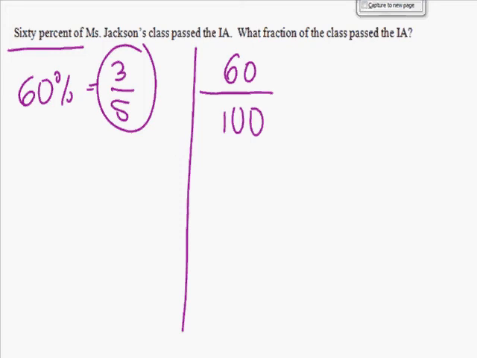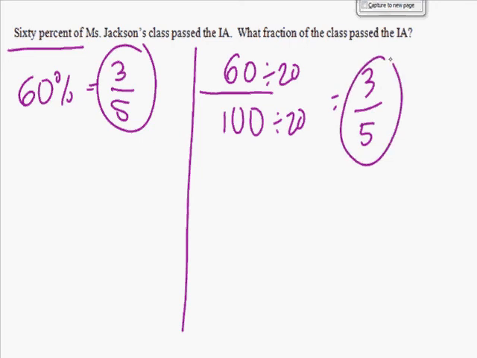Let's go ahead and start simplifying. I know that my greatest common factor is going to be 20. So I'm going to divide the numerator and denominator by 20 and get 3/5.